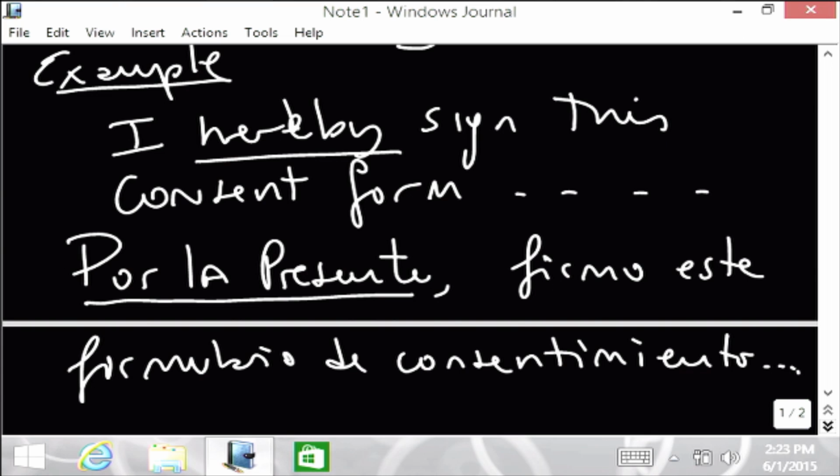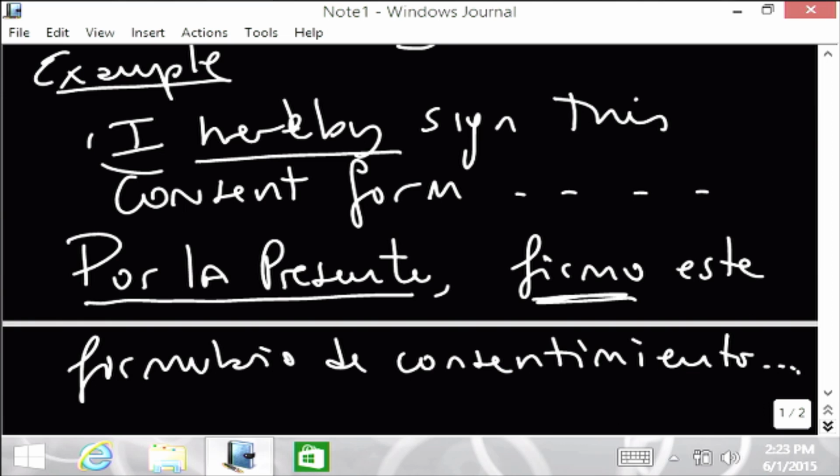Another interesting thing that I noticed people make mistakes on here is that if it says "I hereby," you can say "por la presente yo firmo," but when you say in Spanish "firmo," you automatically know that the pronoun is "yo." It cannot be "él firmo," or "ella firmo," or "nosotros firmo."